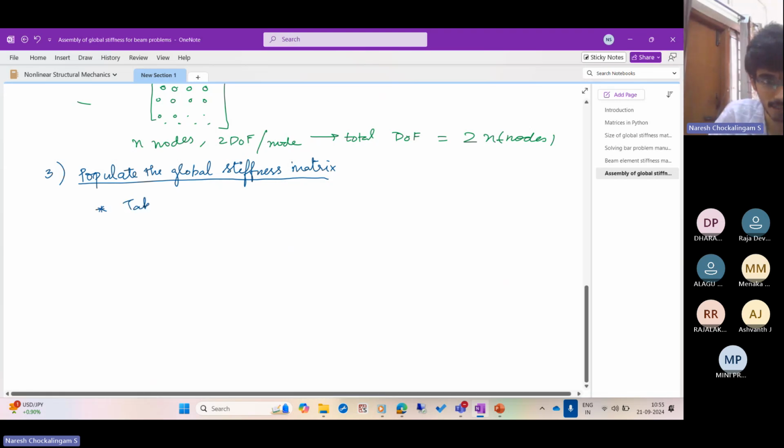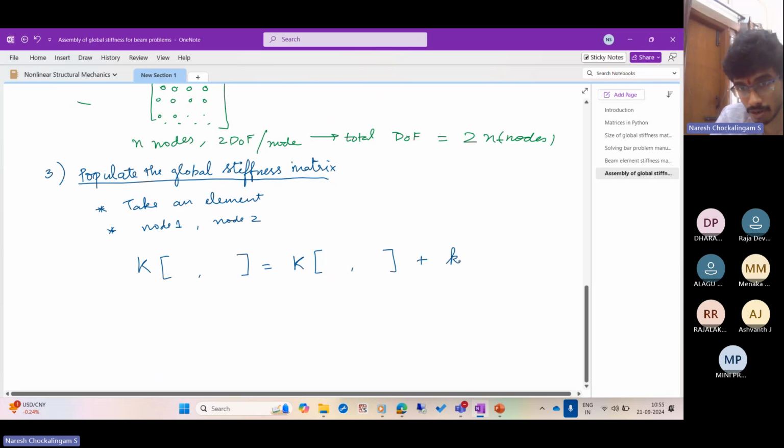Take an element, and look at its node 1 and node 2. The global stiffness matrix of something is equal to the global stiffness matrix of something plus the local matrix. Initially it's all 0, so they get added up.